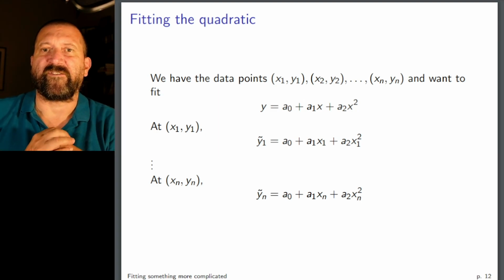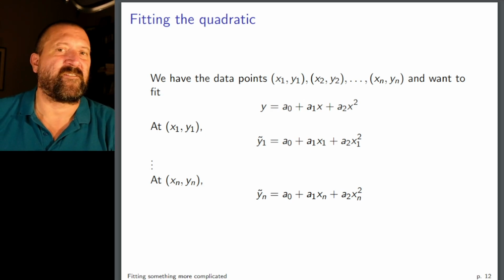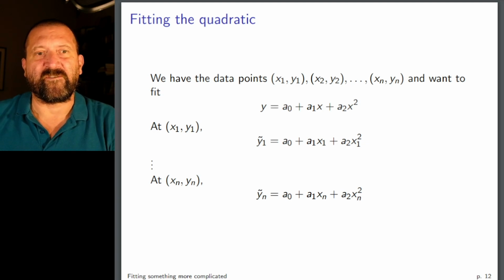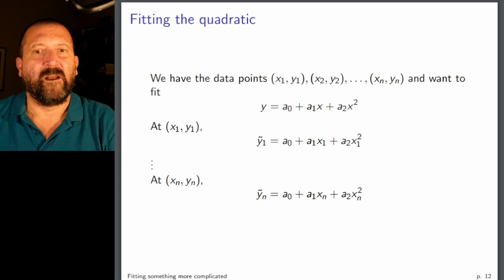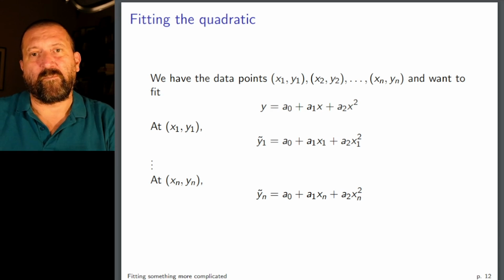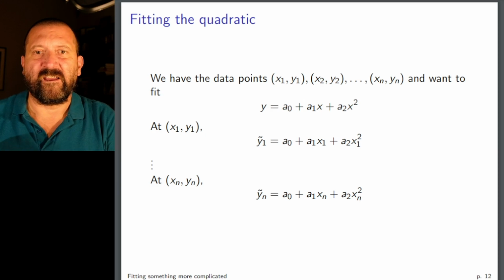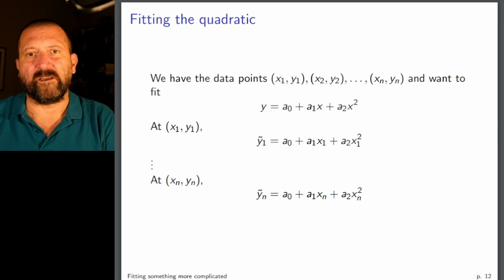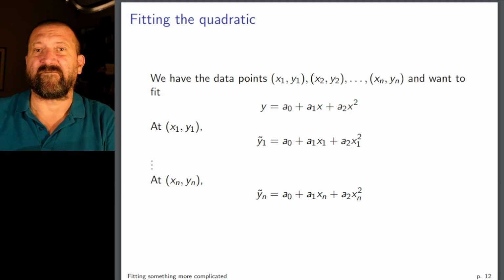So the problem is the same as before. We have data points x1, y1, x2, y2, and so on until xn, yn. And we want to fit this quadratic function y equals a0 plus a1x plus a2x squared. So we proceed exactly like we had done before. At the point x1, y1, the approximation that I get by using this function is y1 tilde, that equals a0 plus a1x1 plus a2x1 squared.